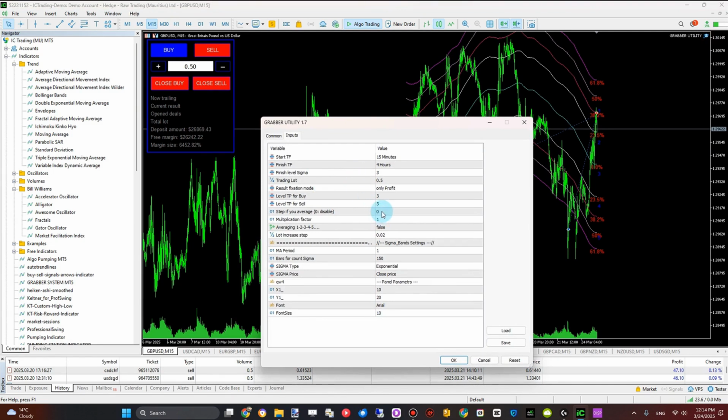So here, what you need to do is add the number of points for trading with averaging. So I recommend adding 500 points. When you enter the number of points for averaging here, the utility will start averaging exactly through this number of points.